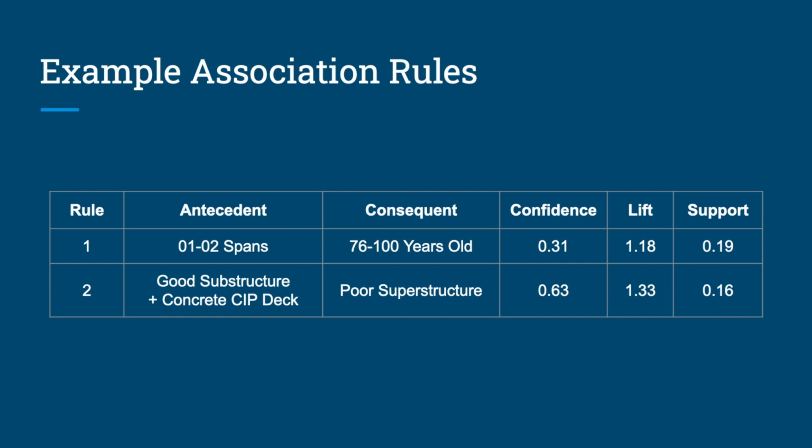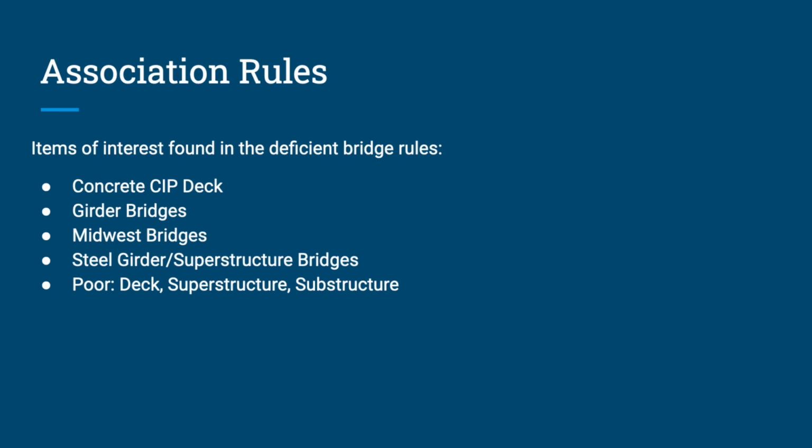So that's how we go through that, and then we'll get into some rules that really help us learn something about this. When I looked through the resulting association rules from FP growth, there were certain items that came up frequently within those rules.